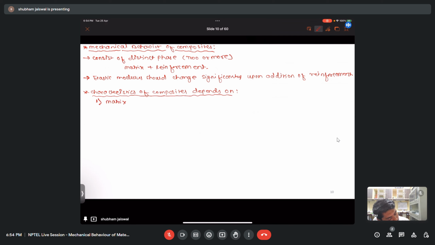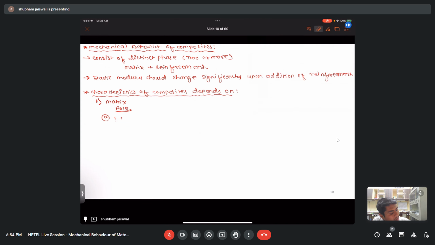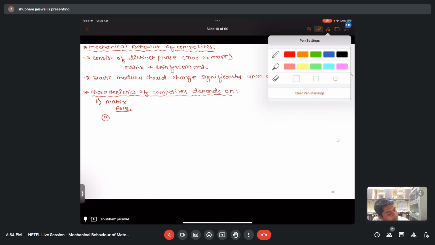The matrix provides the bulk form, it is available in bulk form in the composite.